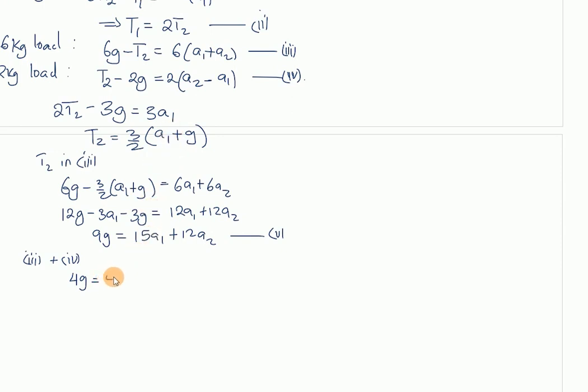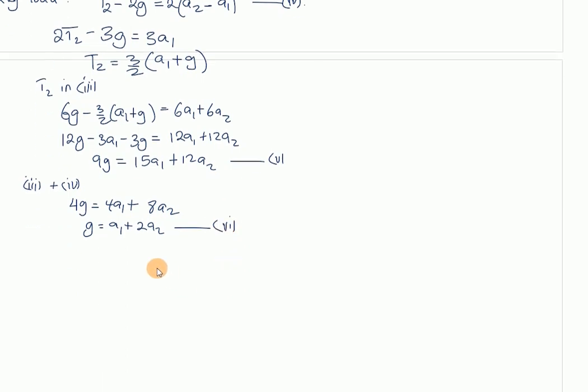So that one is equal to 4a1 plus the a2s. We have this one as 6a2 and that one is 8a2. We can reduce by 4. Actually, g is equal to a1 plus 2a2. Call that equation number 6.